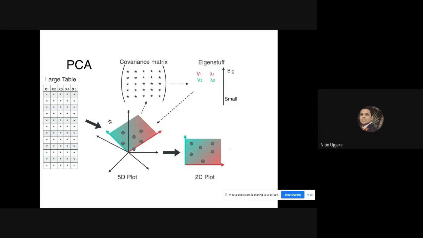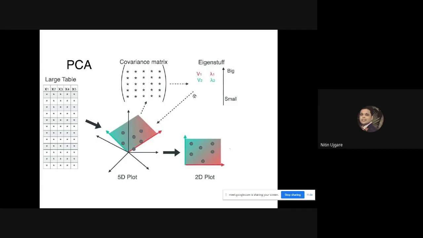Earlier we had 5 dimensions, and using principal component analysis, we found the eigenvectors for this covariance matrix. After finding the eigenvectors, we selected the eigenvectors with the largest magnitude values. So v1 and v2 are selected because they have the highest magnitude values, represented as lambda 1 and lambda 2.